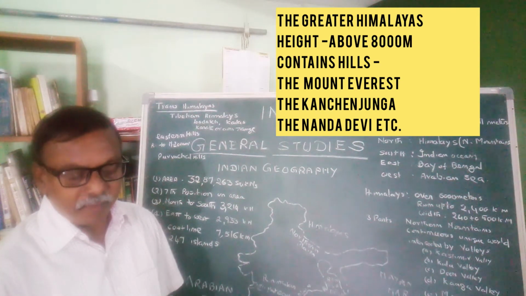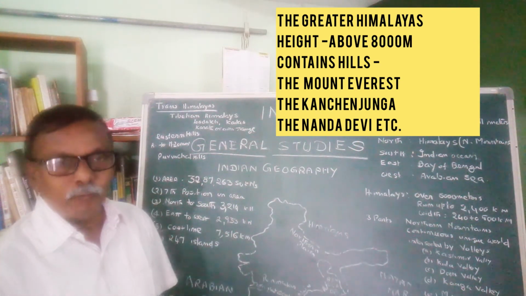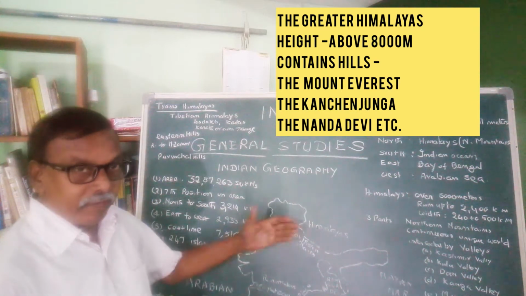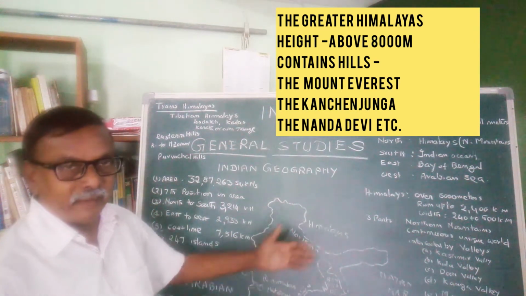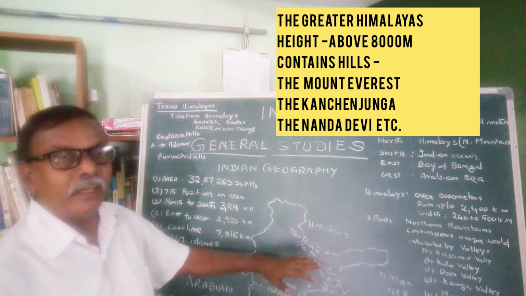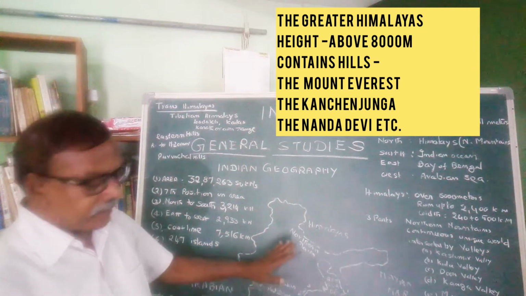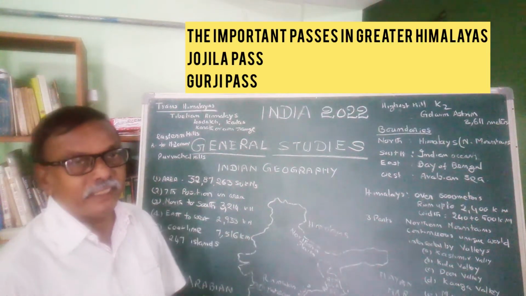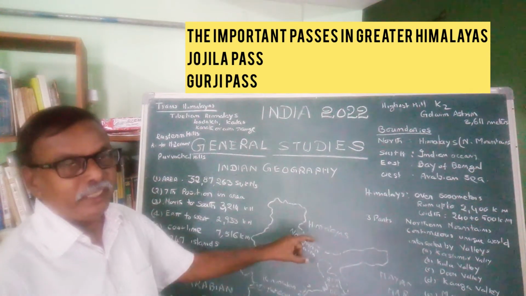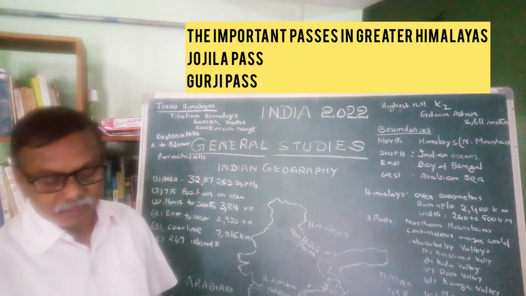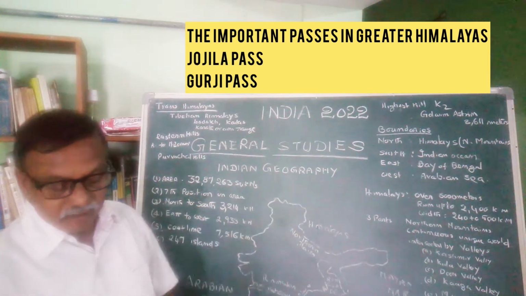In the Greater Himalayas, we will find Mount Everest, Kanchenjunga, Nanda Devi, and many other important hills. The important passes are also present in the Greater Himalayas, and we have seen examples of Jojila and Burji also.